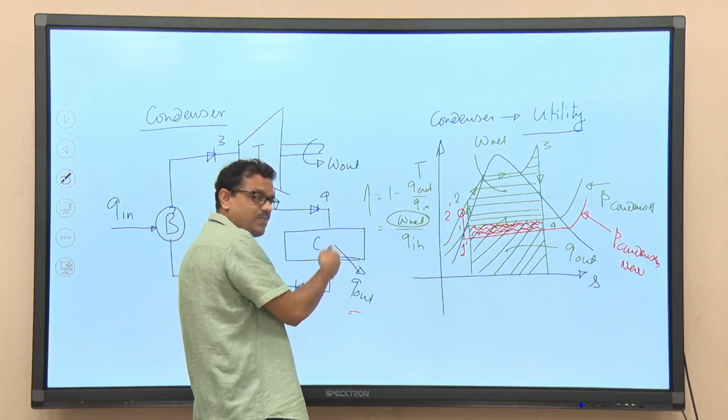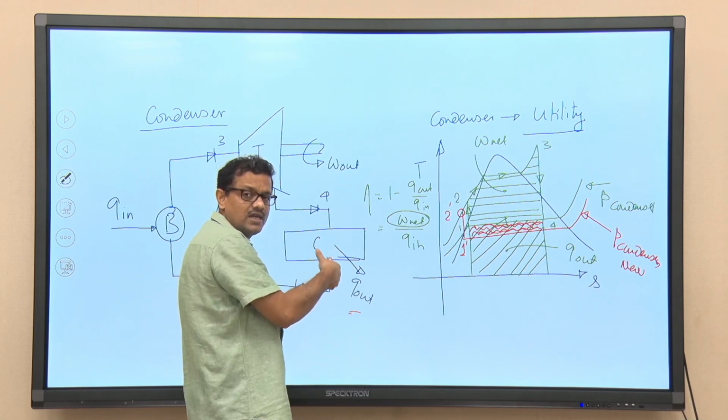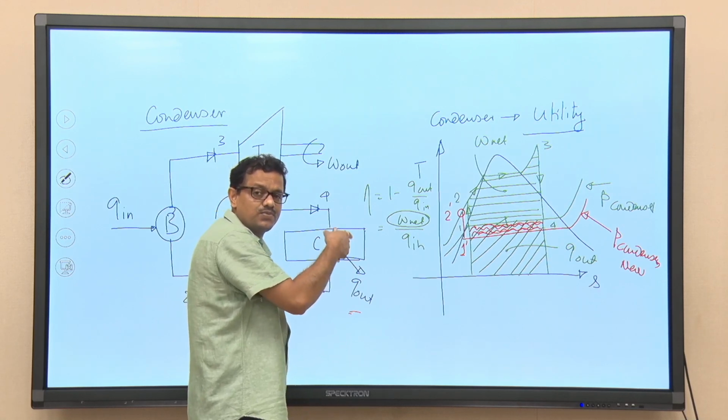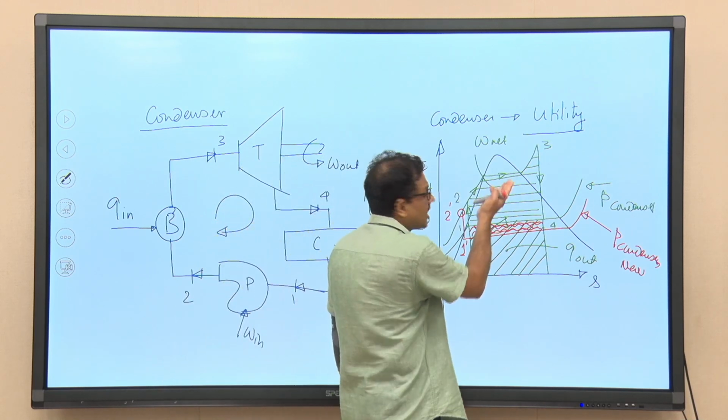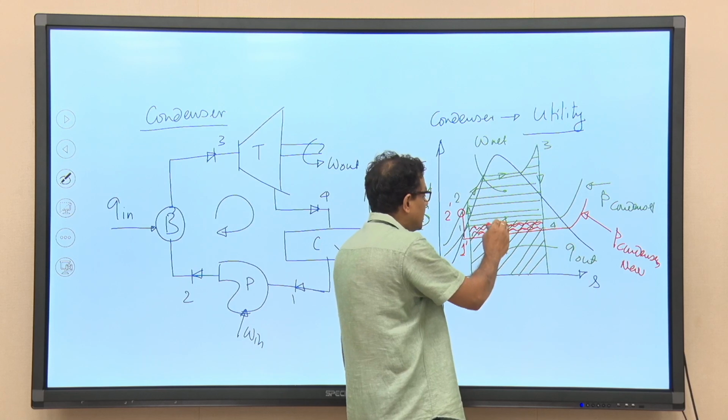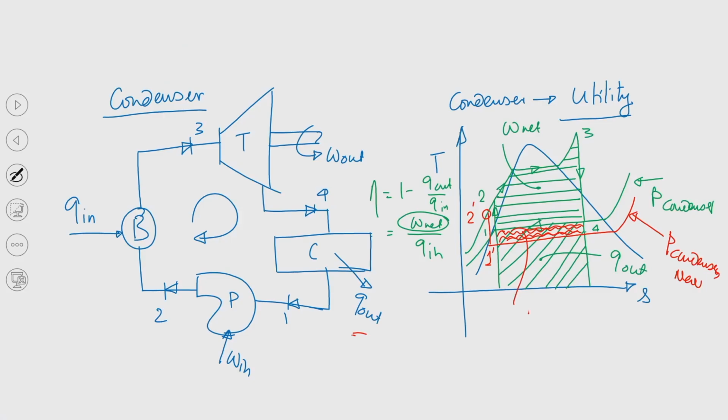By suitably operating the condenser, we can control the amount of heat that will be rejected from the system into the surroundings, and we may get higher work output. Since we have this much additional W net, we can have relatively higher efficiency of the plant.